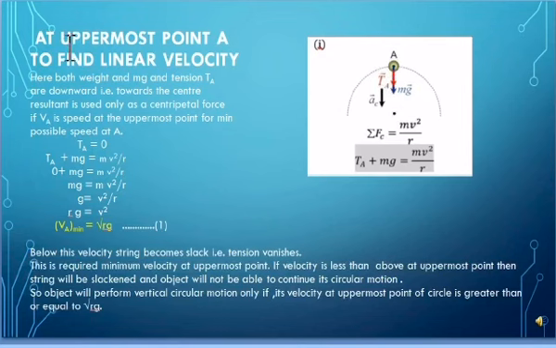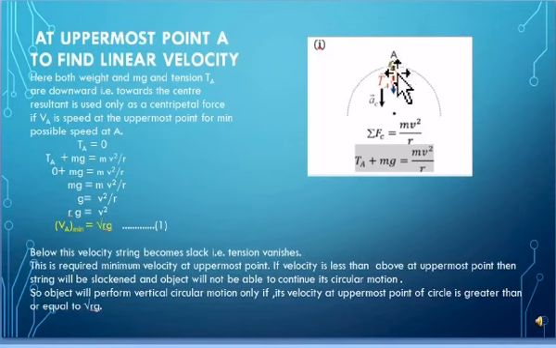Now let us consider what happens to the velocity at the uppermost position. See here, the velocity at position A, we will say VA is the velocity. Weight mg and tension T, both are in the downward direction, that is towards the center. So the resultant is used only as a centripetal force, since centripetal force is towards the center.